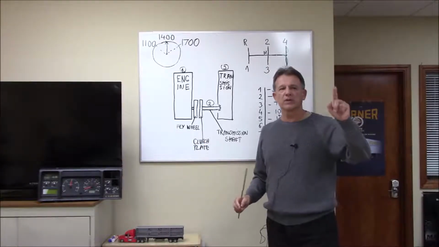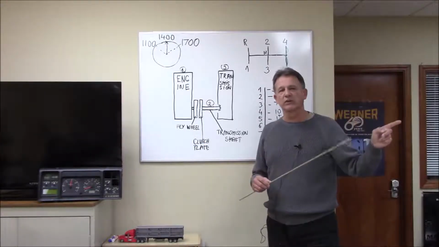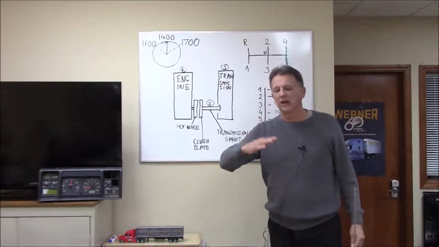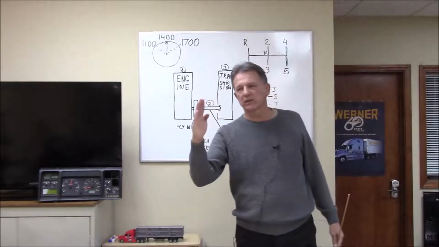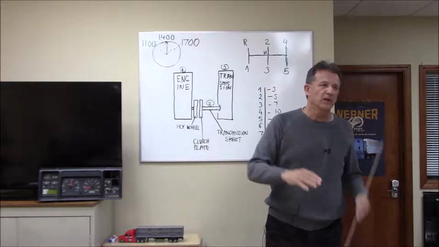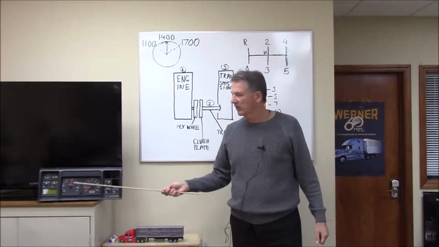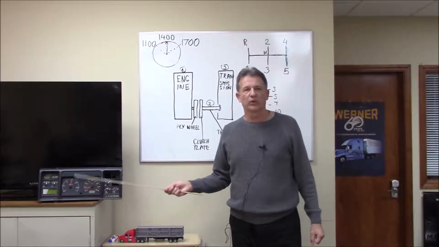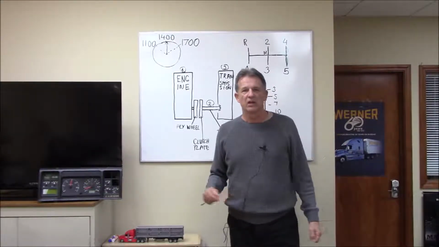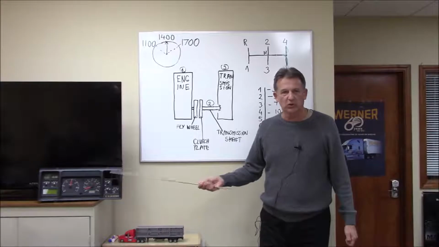This is important because I didn't mention this at the beginning. If we make regular upshifting and regular downshifting, the main gauge we watch and use is the tachometer, the speed of the engine. We don't use the speedometer.